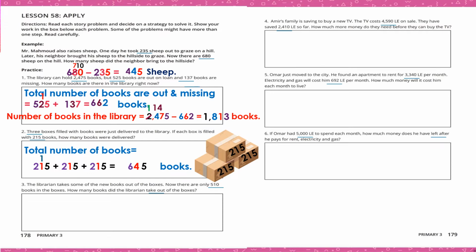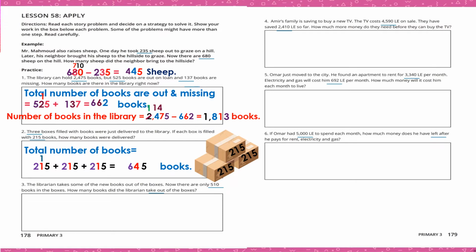Number 3. The librarian takes some of the new books out of the boxes. Now there are only 510 books in the boxes. How many books did the librarian take out of the boxes? This story is related to the previous story, number 2.